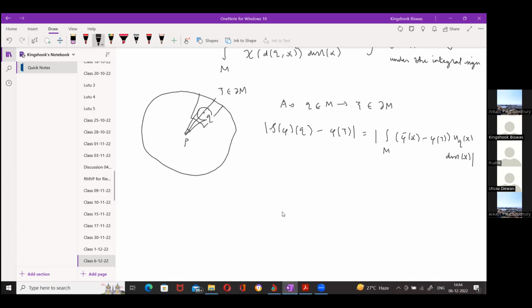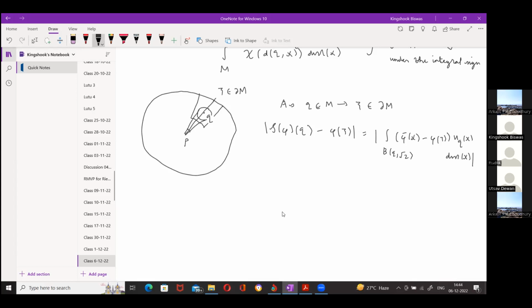Okay. So this phi bar x minus phi xi is going to 0, because my integral is actually over a ball of radius square root 2 around q. So this integral I can write as an integral over a ball of radius square root 2.